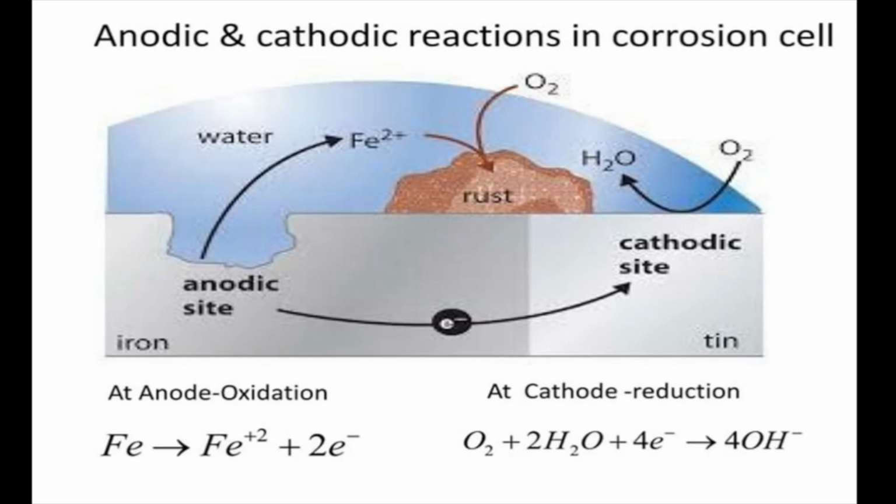The Fe2+, the H2O present on the site and the oxygen from the environment or in dissolved condition all come together and create rust. That is the outside phenomenon. And inside, between the iron and the tin, the electron flow occurs from the anodic side to the cathodic side.